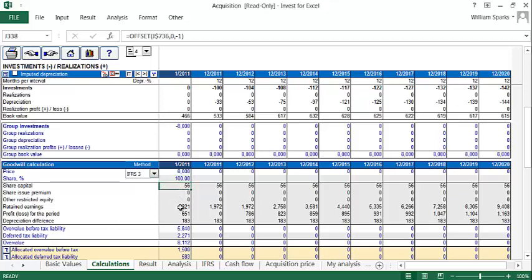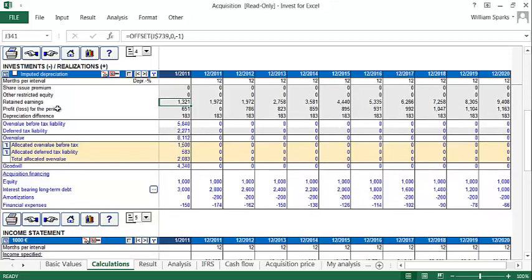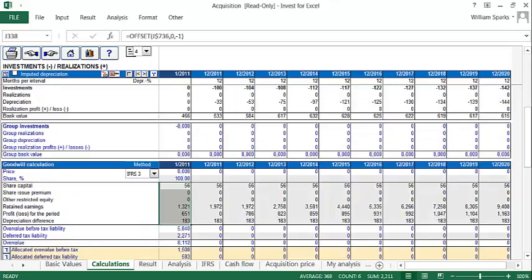There was a share capital of 56,000, retained earnings 1.3 million, profit from the period 651,000, and a depreciation difference of 183,000. Together, the sum is missing here. Actually, if you select those numbers, Excel will show the sum exactly: 2.211.